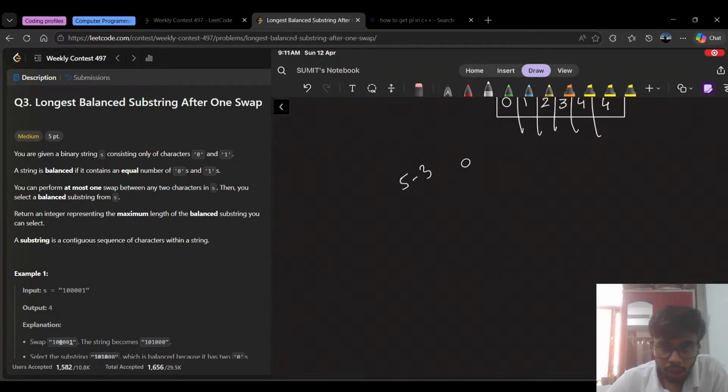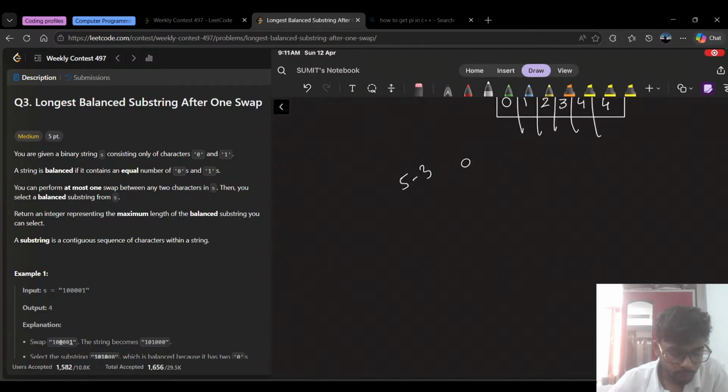Then okay, then I have one count. Once count, it will be ones of j minus I greater than 0, so ones of I minus 1, otherwise it will be 0.